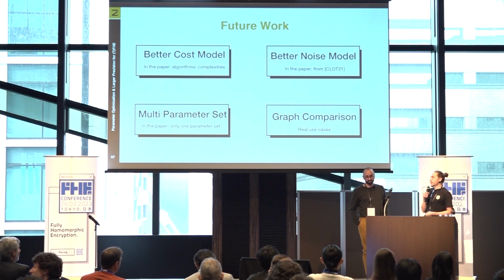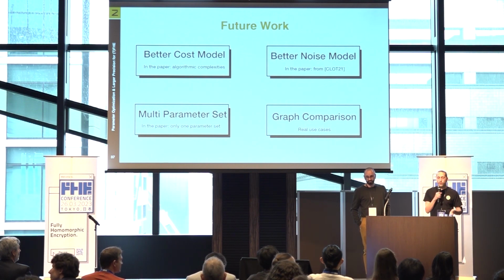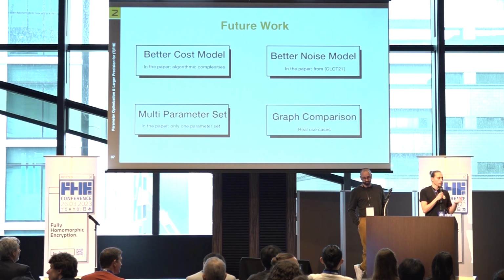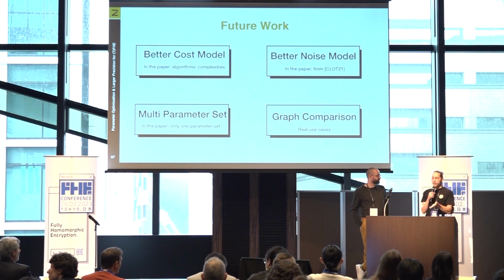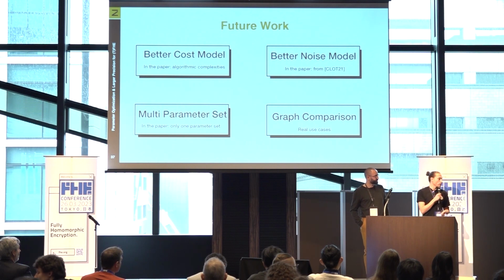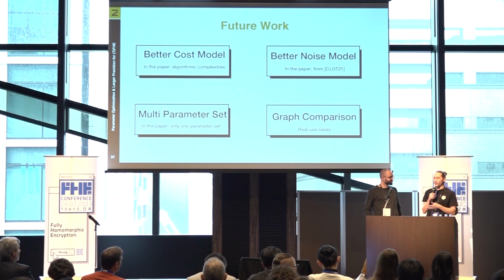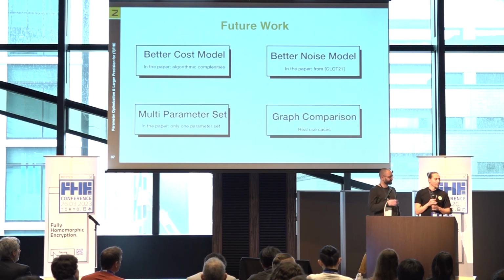What can be really nice is to have something more generic to allow more degree of freedom in every algorithm, and with that, we can hope to have a speed up. For the multi-parameter set, it really depends on the use case, but in some experiments we made, we can get at least a factor 10 for some use cases. So that's the more important lead.